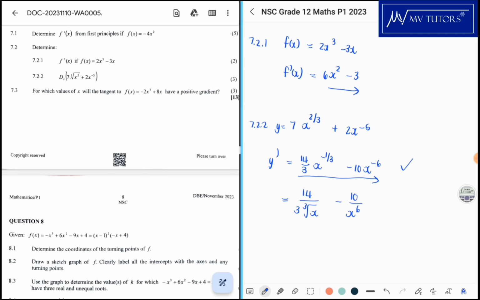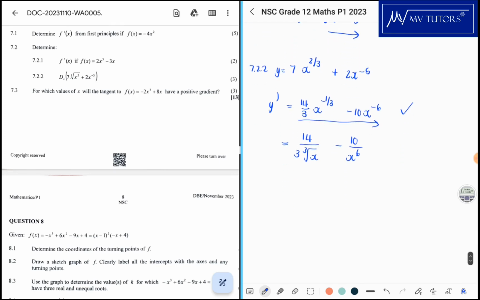All right, and then the last question, 7.3. It says, for which values of x will the tangent to f of x have a positive gradient? So we have a cubic function, and it is a negative cubic function.